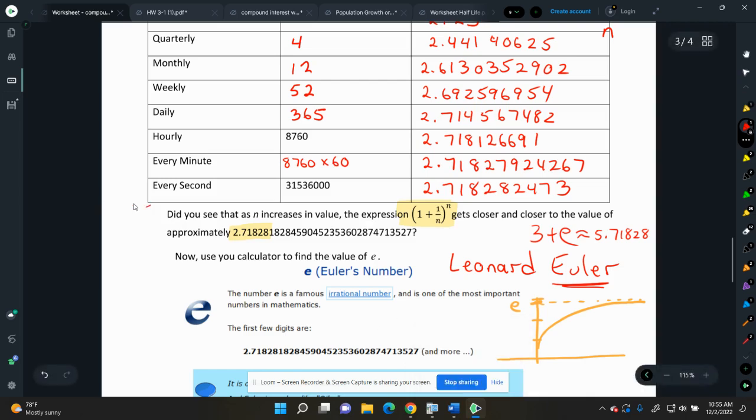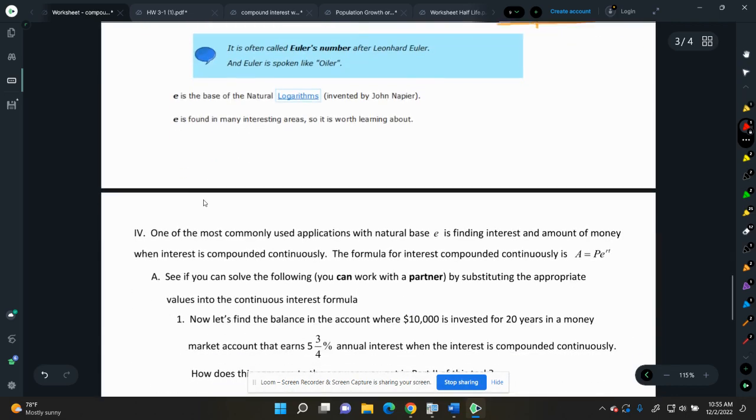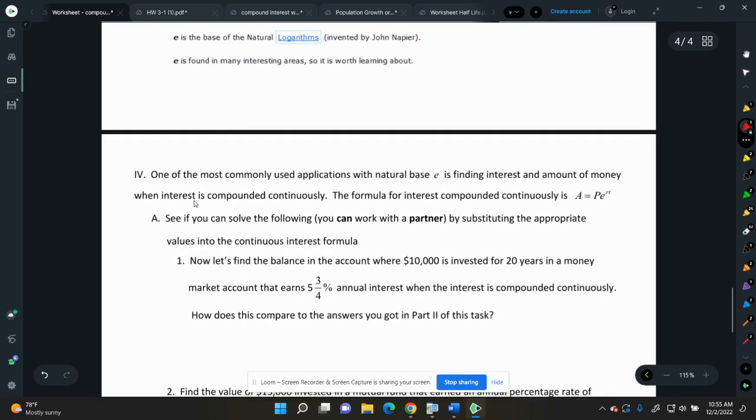One of the most common applications of e is compound interest and something that we call continuous compound interest.